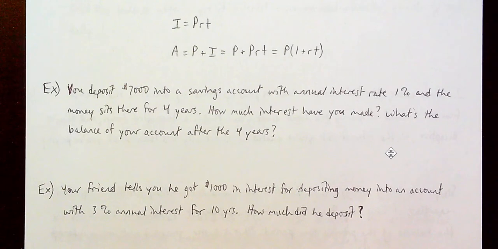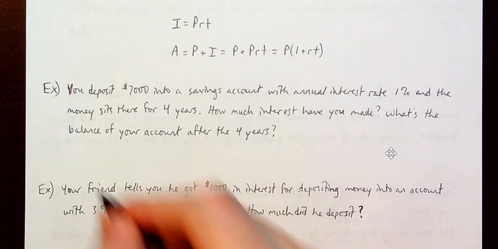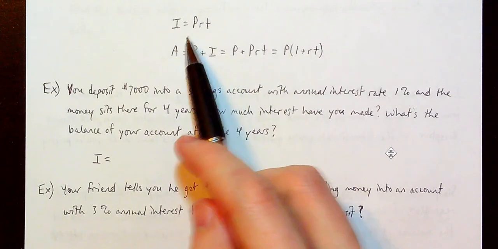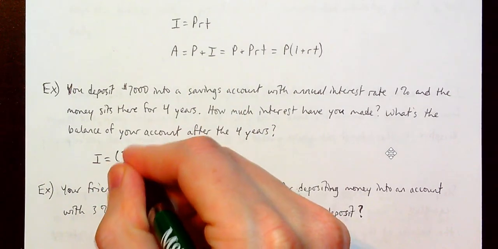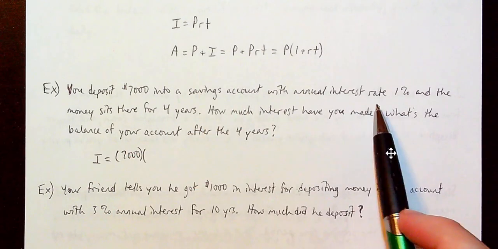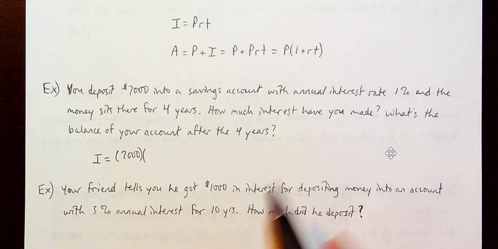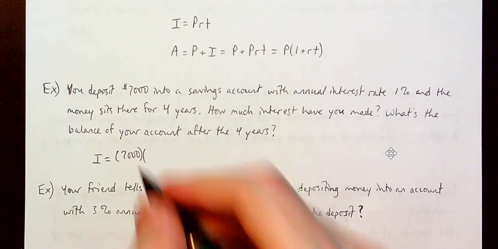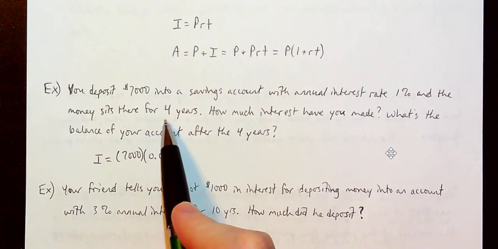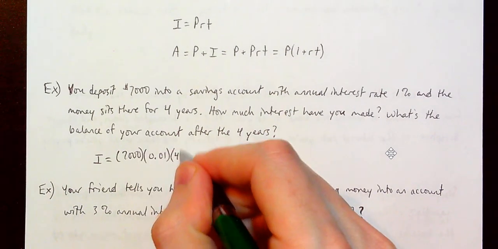So first, if we just calculate the interest, it's principal, in this case $7,000, times my rate. The annual interest rate is 1%, but as we said, we use this as a decimal, so 1% as a decimal is 0.01, times my time period of 4 years.